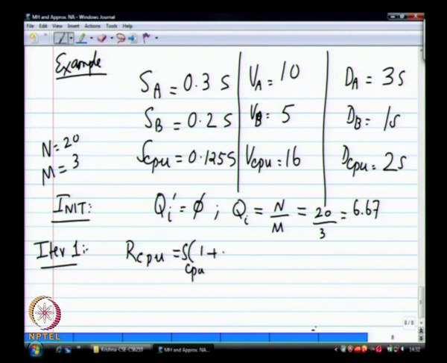S CPU into 1 plus Q CPU into n minus 1 by n, right. Okay. So what is this equal to?